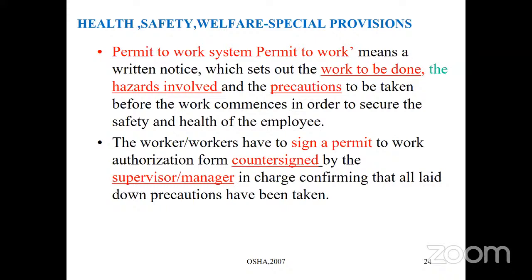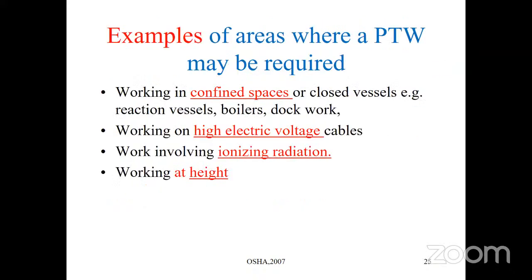permit to work, that is an authorized form, countersigned by the supervisor or manager in charge, confirming that all laid down precautions have been taken. An example of areas where a permit to work may be required: working in confined or closed vessels, e.g. reaction vessels, boilers, docks, and also the people who usually work with storage and water companies.